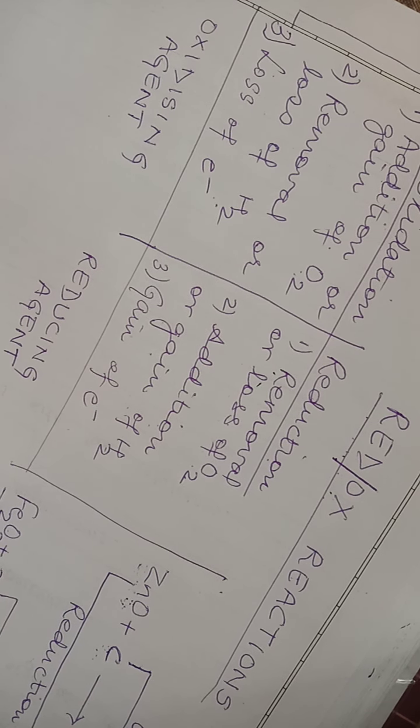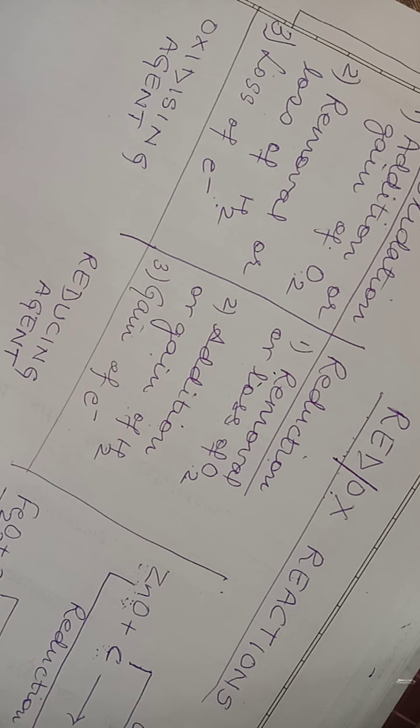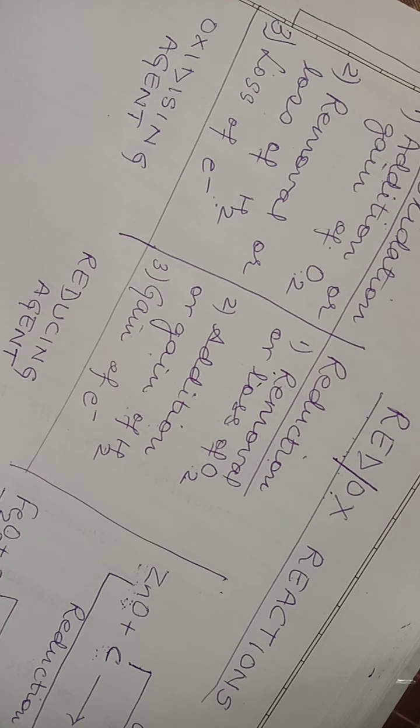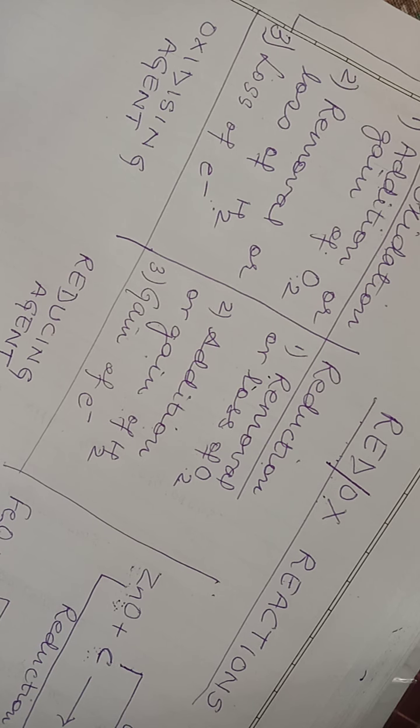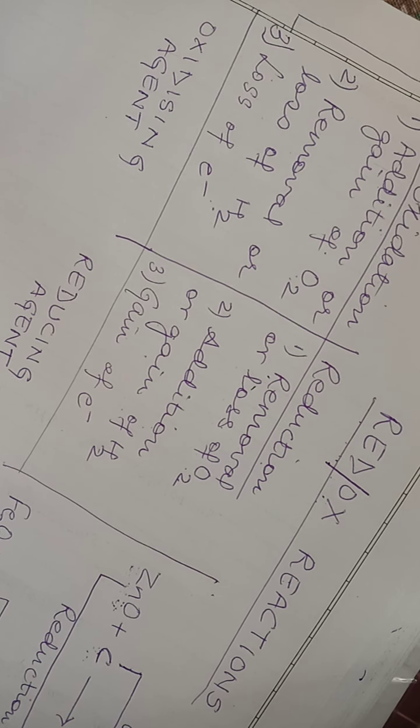So we can also define a redox reaction as a reaction in which electrons are transferred from one atom to another. We will understand the reducing and oxidizing agent in terms of loss and gain of electrons also.